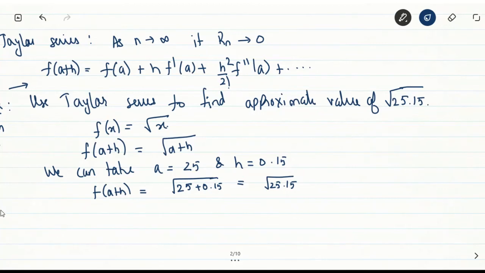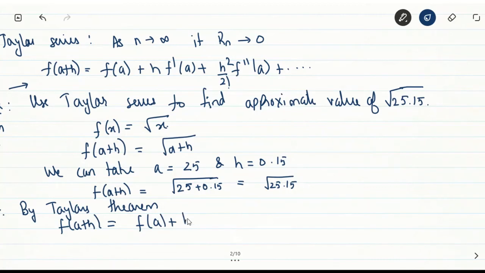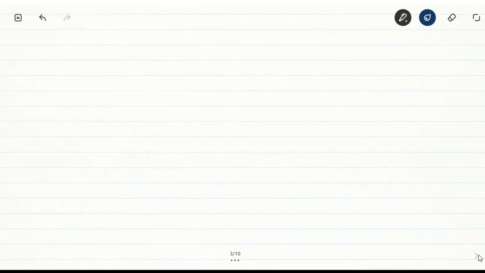So by Taylor's theorem, f of a plus h is equal to f of a plus h into f dash at a plus h square upon 2 factorial into f double dash at a plus and so on. Now we will put the value of a and h in this expansion.